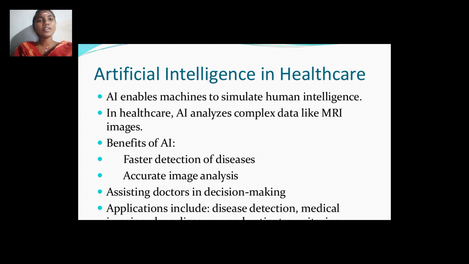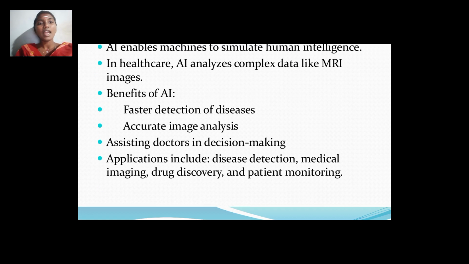It helps to save human lives. And accurate image analysis helps for better treatment. AI assists doctors in making better decisions for surgeries. Applications of AI: it is used in disease detection and medical imaging, drug discovery, and patient monitoring.